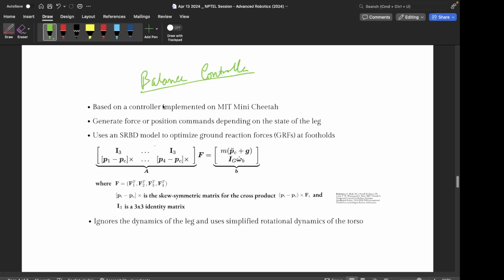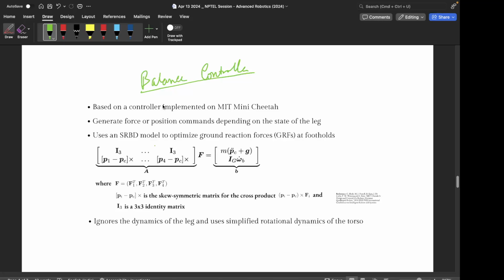We should remember that the base cannot be actuated directly. So if we want to apply a certain force and moment on the base, that has to be created by applying a required force on the ground by the legs in contact. That's the primary objective of this controller.